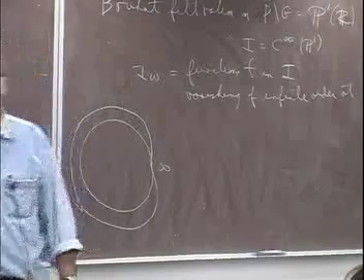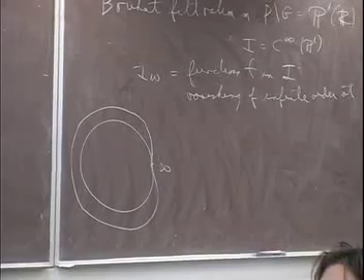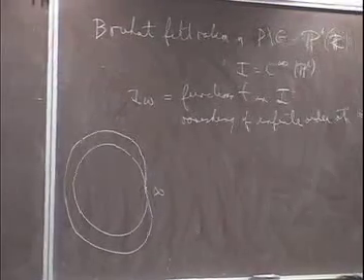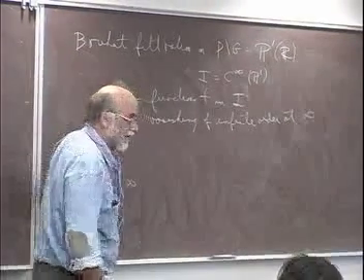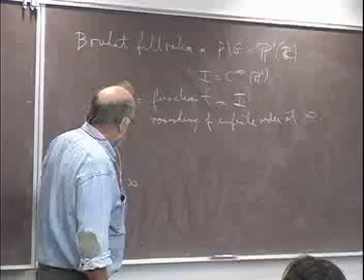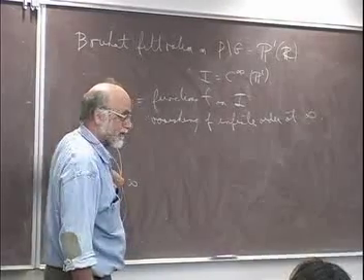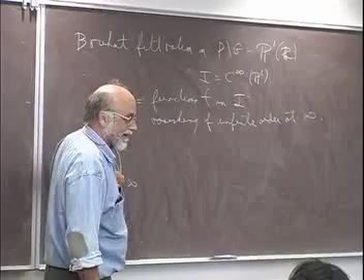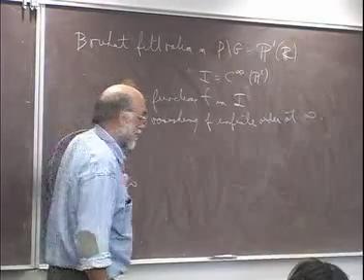So I take my space I. I is all C infinity functions on the circle. I look at those functions which vanish of infinite order at infinity. What's the quotient? The Taylor series, right. That's right.